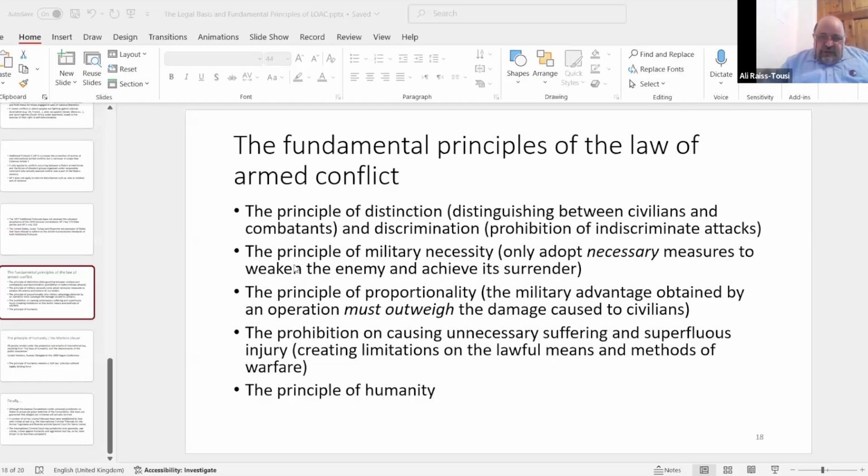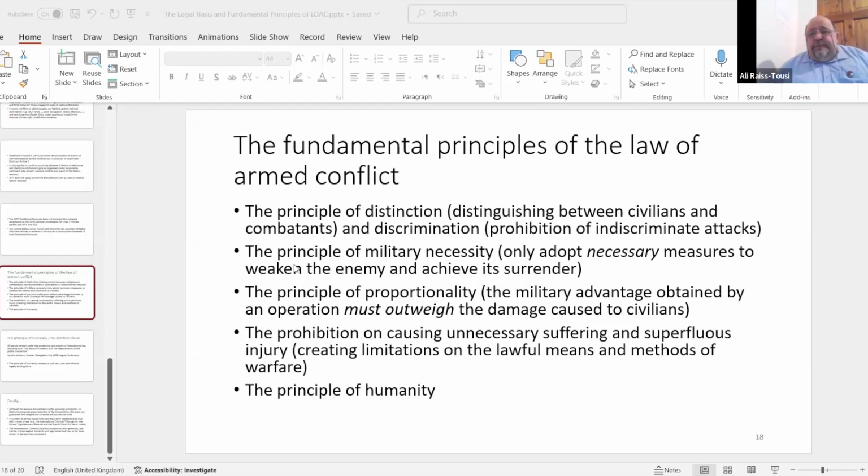You want the enemy to surrender. You want the enemy to accept your terms. So you will adopt measures that will achieve your aim, getting your enemy to surrender. You are capable of more violence, but the law of armed conflict says you cannot lawfully adopt stronger and harder and harsher actions.